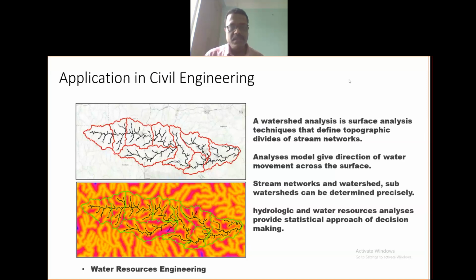So here the red bounded area that you can see is known as the basin. Do you have any idea about the basin? Basin, B-A-S-I-N. Here I write it down on the screen. Do you know what a basin is?